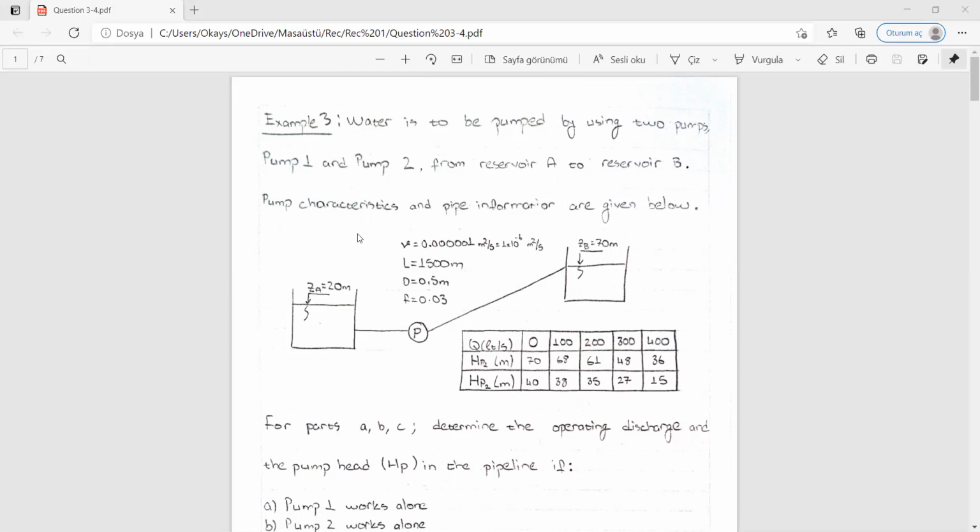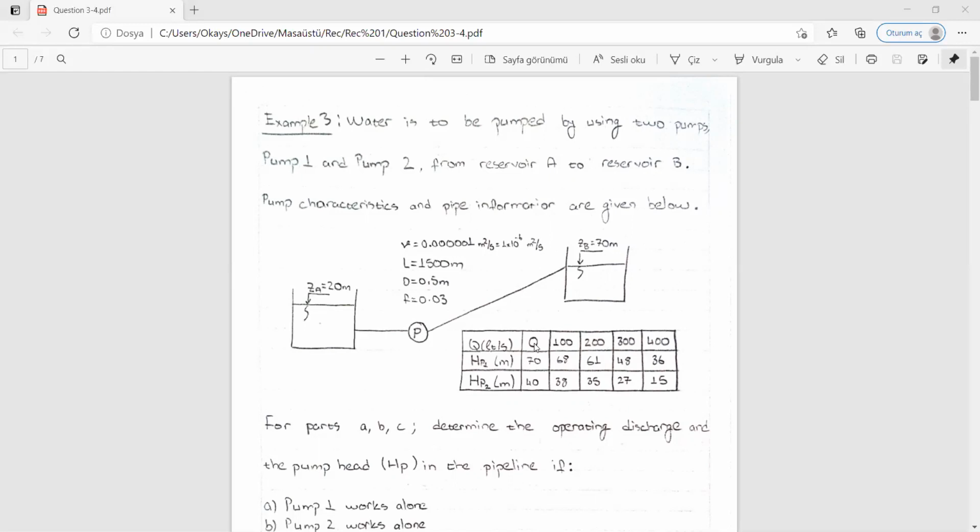This time, we don't have any extra equation. So we will have only one equation, and that will come from the energy equation between point A and point B. And since we don't have the second equation, we will need to draw a graph by using these values.